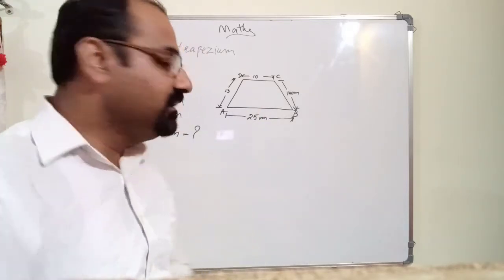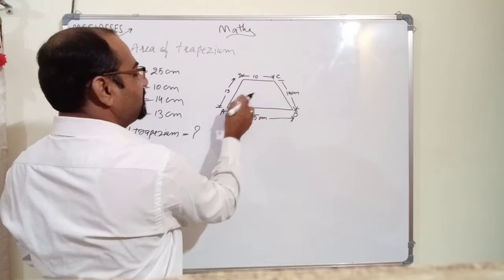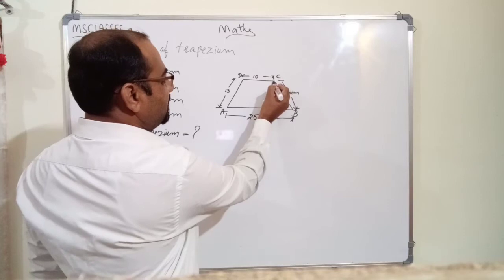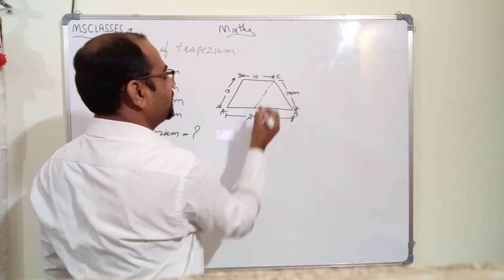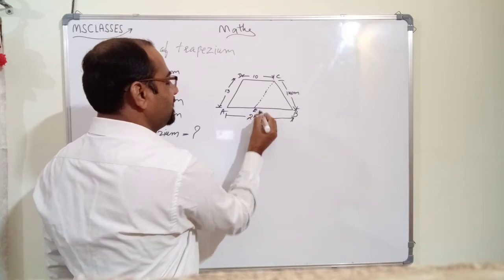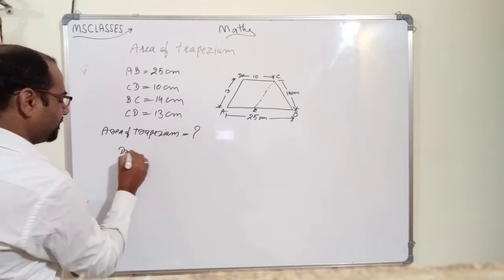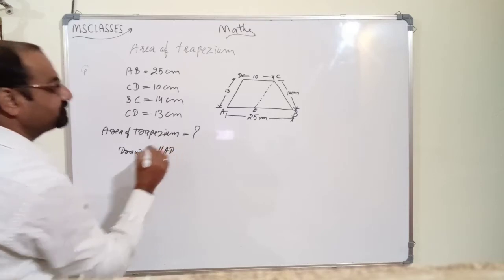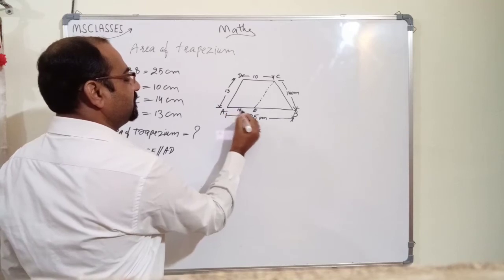Okay, see very carefully. First of all guys, we have to draw a line parallel to AD, and let this parallel line be CE. Draw CE parallel to AD. That's why AE is equal to 10 centimeter.